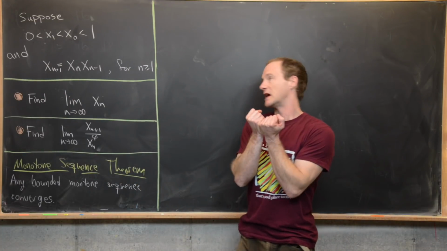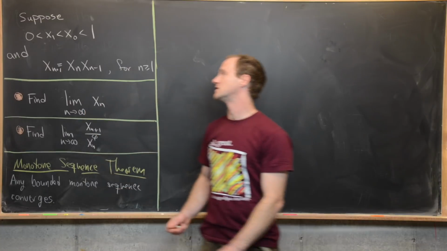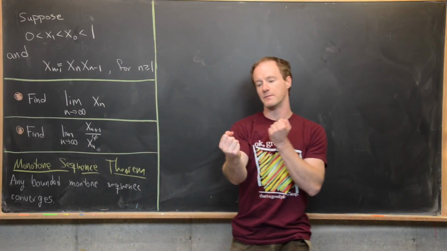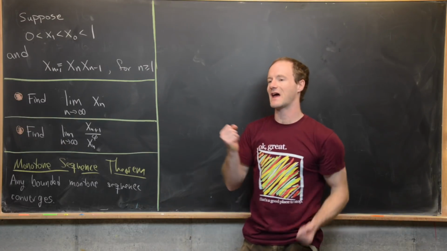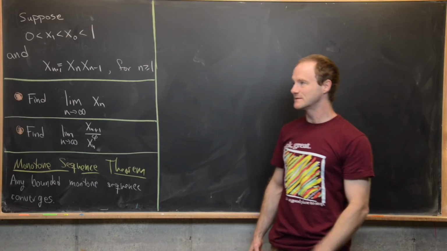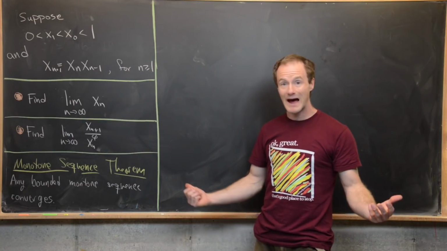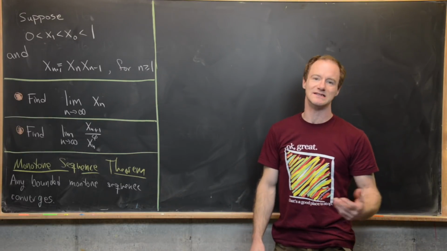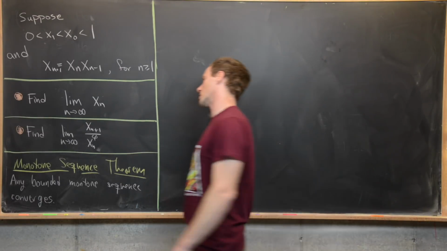If you multiply two numbers from the open interval 0 to 1, that's going to give you a number that's smaller than either of them. And then you keep doing that, and that keeps creating numbers smaller and smaller and smaller. So it seems like this thing should be bounded by 0 below and above by 1 and then decreasing. And that's exactly what we'll show.